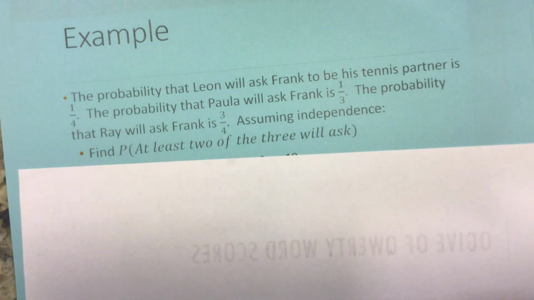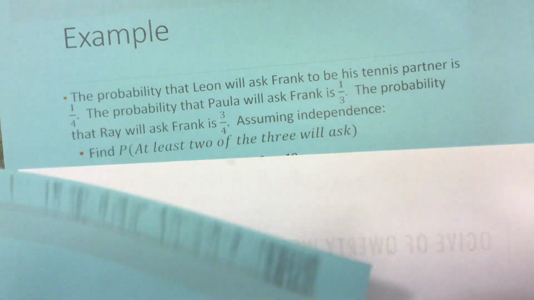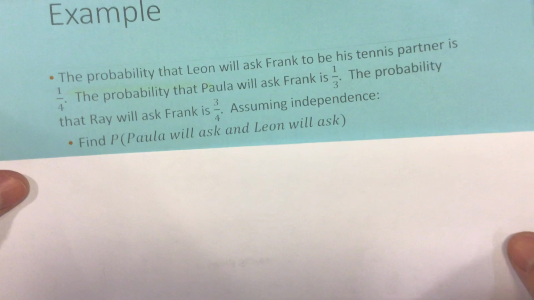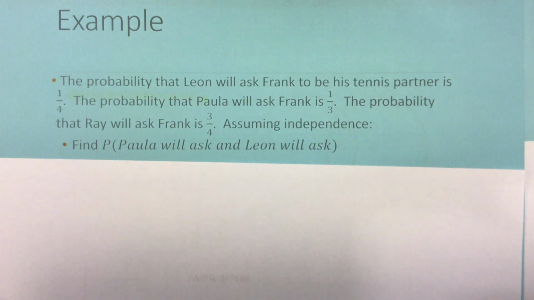All right, let's try an example. Let's start simple. Let's say there's a group of friends, Leon, Frank, and Paula, and they're going to play doubles tennis. Oh, and Ray is also in this group.